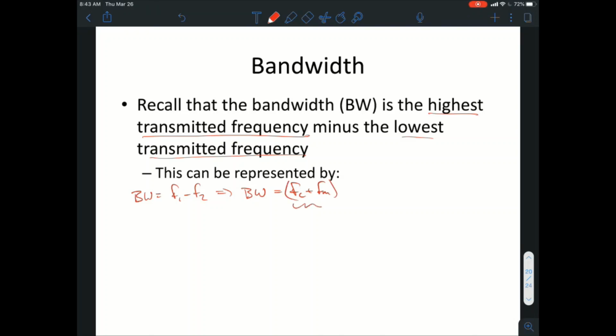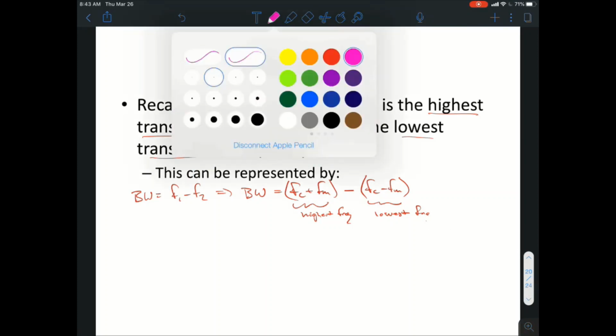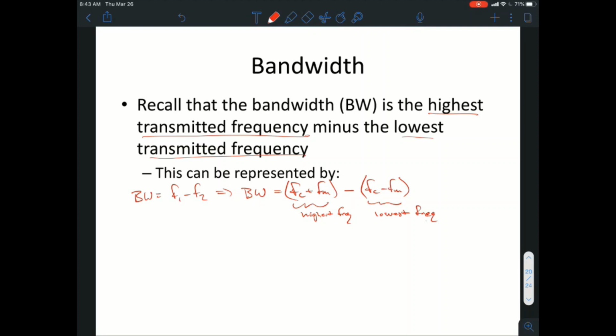This is our highest frequency, minus our lowest frequency, which is f sub c minus f sub m. And when we do some cancellation, we're going to get this canceling with this, and then we end up switching this sign, and we end up with the bandwidth equals 2 times f sub m.